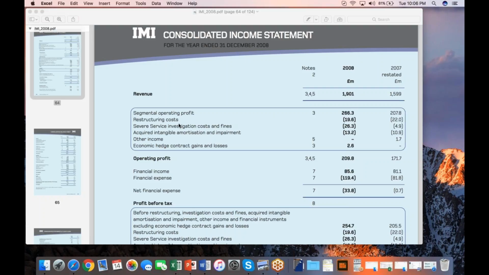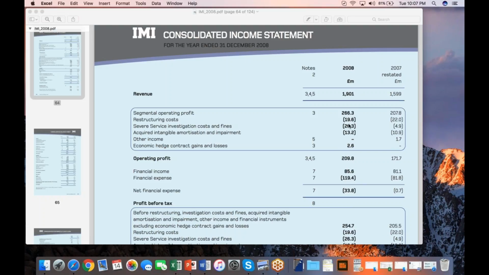And Sami, this is so interesting. Even yesterday when I was talking to Stefano, remember on our call, the operating profit that I was using in Atkins was wrong. And I'll prove it to you. Now you see, and remember these figures, 266.3, which is the segmental operating profit, okay? And then this one, 2.6.